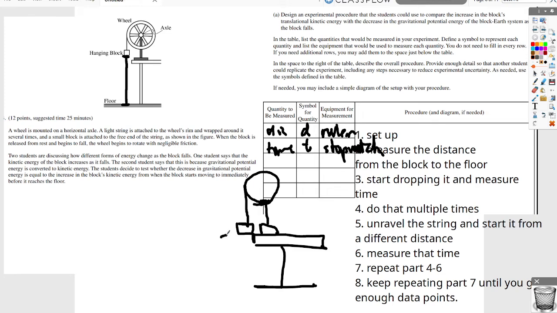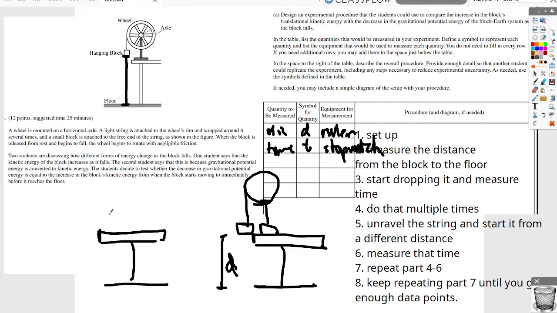I don't need a diagram, but I'm going to show a diagram. In the beginning, it will be something like this. You have a string like this, and you want to measure this distance, and you'll do that multiple times.